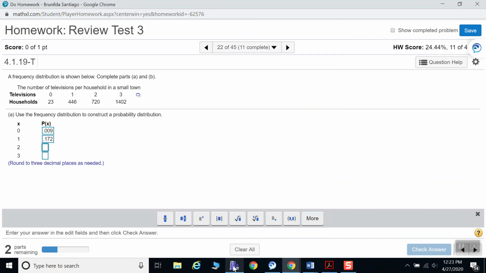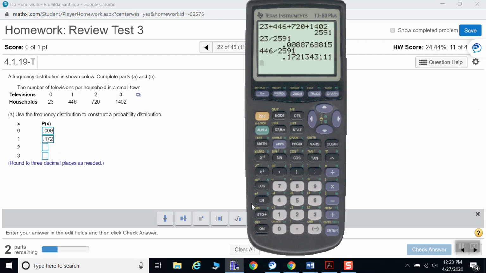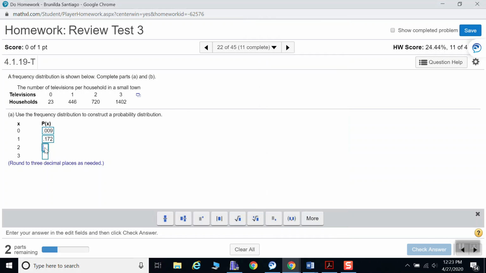The next one is for 2 televisions. It's going to be 720 divided by 2591, and that is 0.278, because that 7 is followed by another 8, so 0.278.